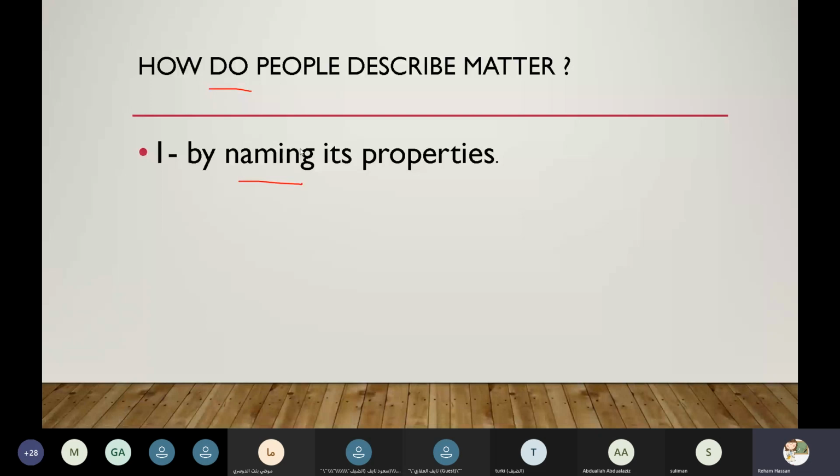By naming it as properties. Yes, it is properties. Thank you so much, Muhammad.